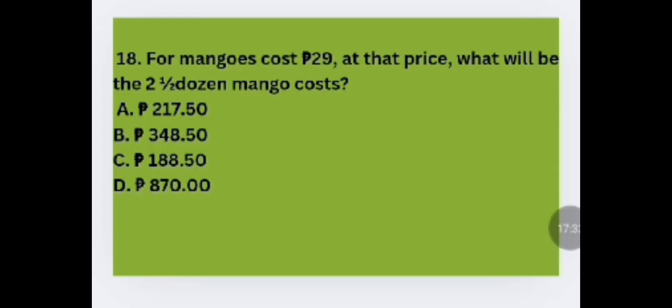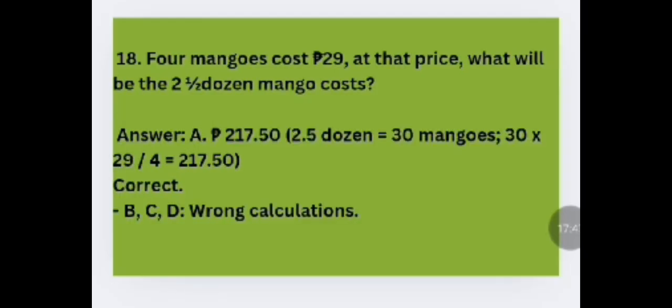Number 18. 4 mangoes cost 29 pesos. At that price, what will 2.5 dozen mangoes cost? The answer is A, 217.50. 2.5 dozen mangoes is considered as 30 pieces, and 30 times 29 over 4 is equal to 217.50.